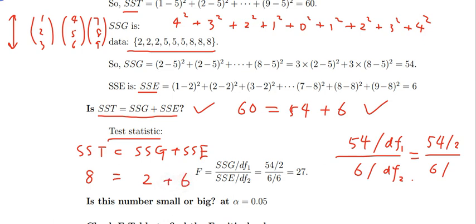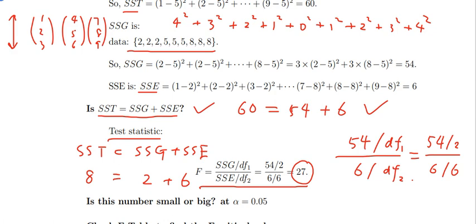If we separate SST into 2 parts, we separate the total degree of freedom into 2 parts also. So if this is 2, then that one is 6. This is where the 6 comes from. So we find the test statistic is 27.